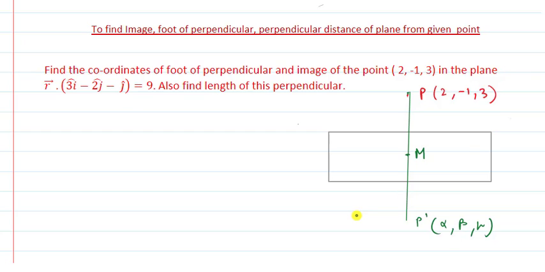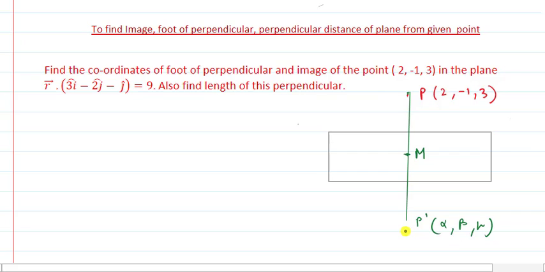So, M is the midpoint of PP dash, and P dash can be calculated by using the midpoint formula. And the distance PM can be calculated by simply using the distance formula. So, the main thing that we need to do is to find the foot of perpendicular M. Others are previous concepts, as you have done in the case of a line, as well as you studied these formulas in your 10th class.